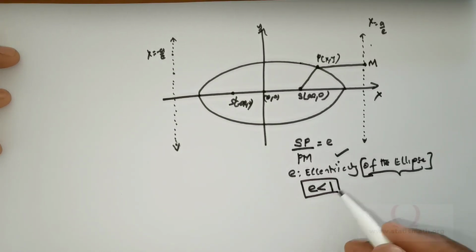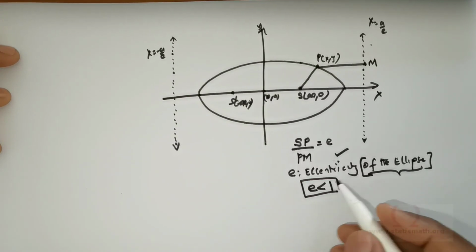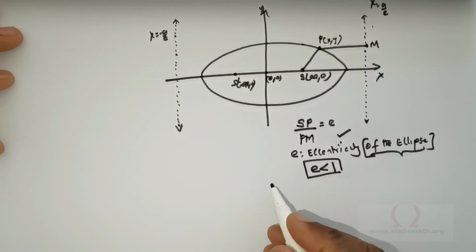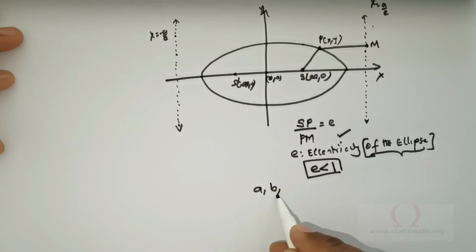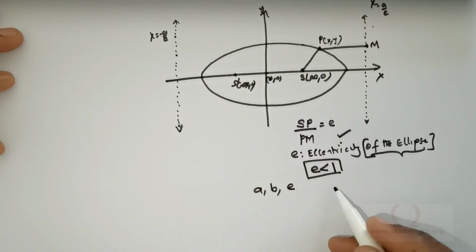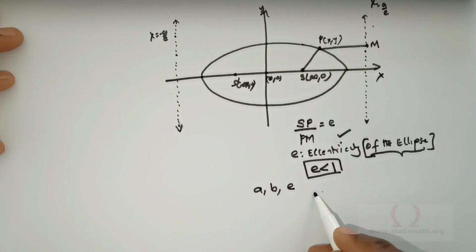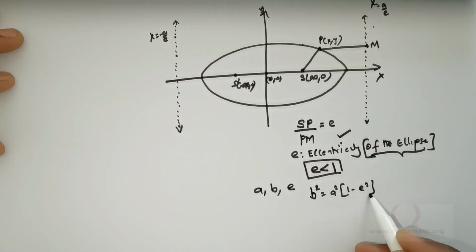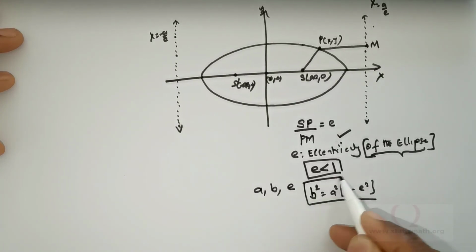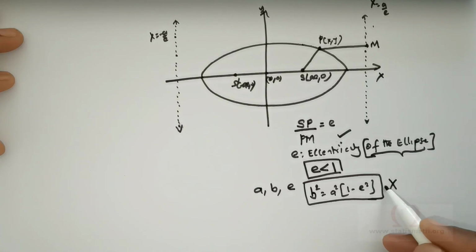Have that in mind. And there is also a connecting relationship between a, b, and e, which is b squared is equal to a squared of (1 minus e squared). So this is a very important relationship that you have to know.